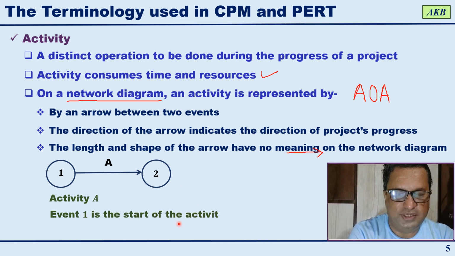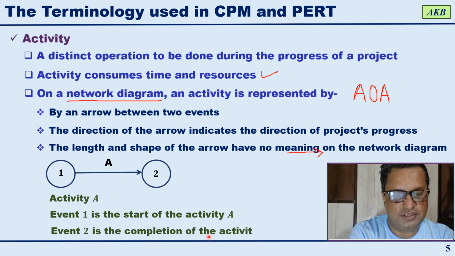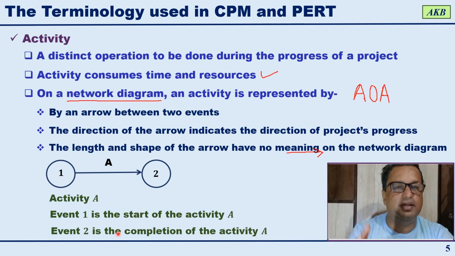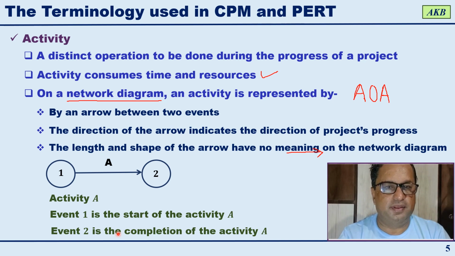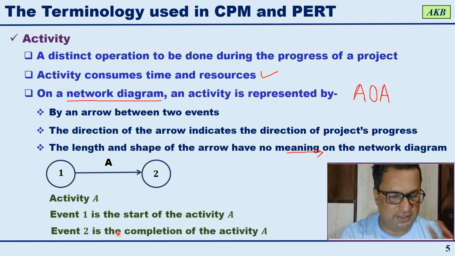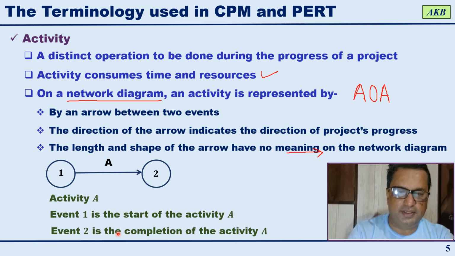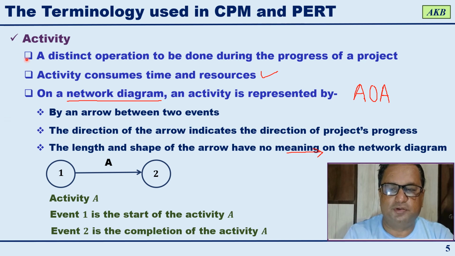So event 1 is the start event of activity A, and event 2 is the completion of activity A, or you can say event 2 is the end event for activity A. End event represents completion of an activity. Okay? So on this diagram you have understood the concept of an activity, and you also have understood how an activity is represented on an AOA diagram.